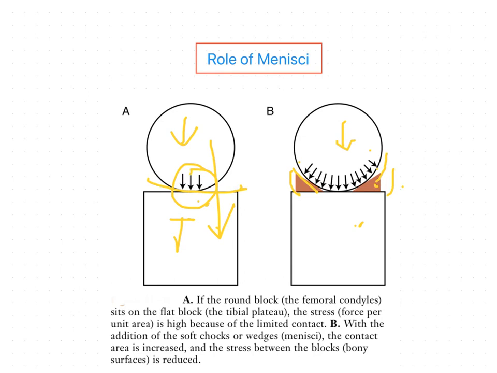This is very important after immobilization. Mobilization helps to heal the joint and also increases the range of mobility. So this is the main reason why, after immobilization, we have to mobilize the joint as early as possible.